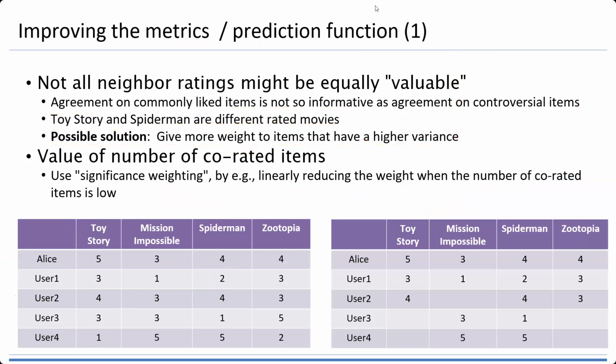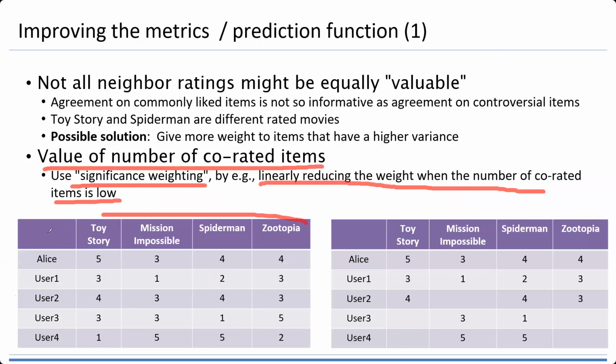The other thing we can improve for the matrix or the prediction is the number of correlated items. Use significance weighting. For example, linearly reducing the weight when the number of correlated items is low.